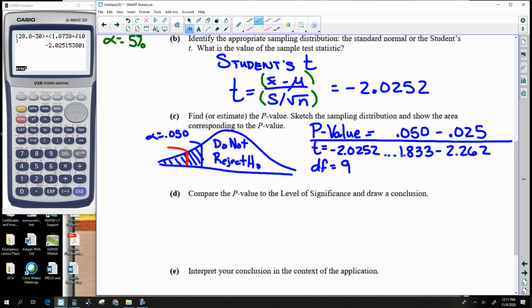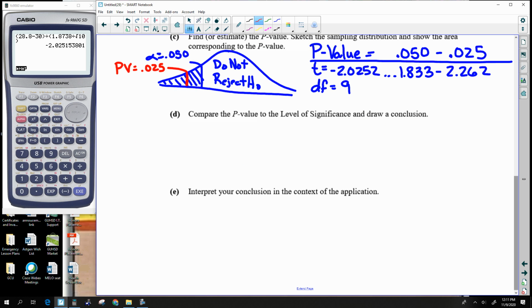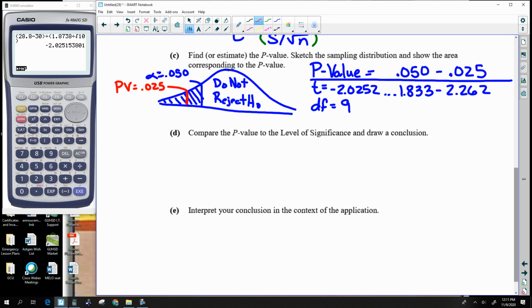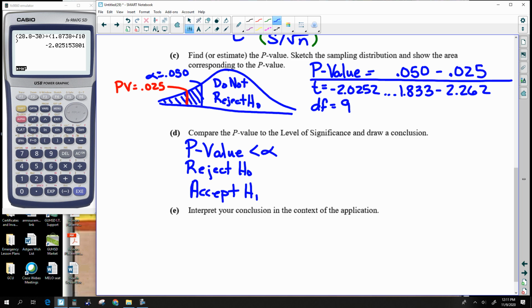So that means that the p-value falls to the rejection zone, the small side. All right, so that means reject H naught, accept H1.